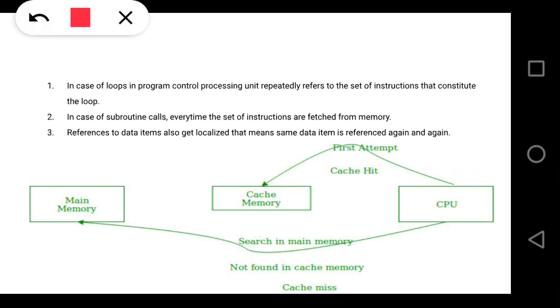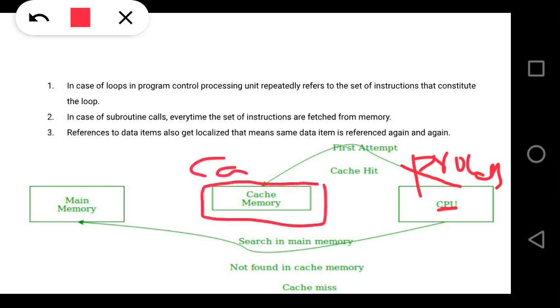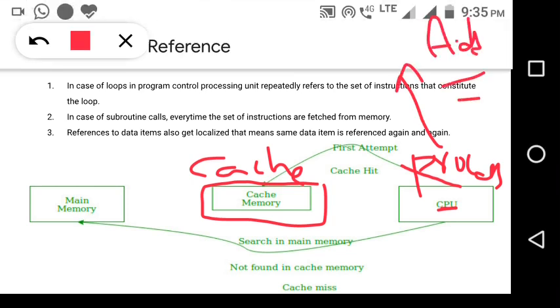But how it works: here CPU means processor. If the cache memory is present and the processor issues an address, then there are two options.